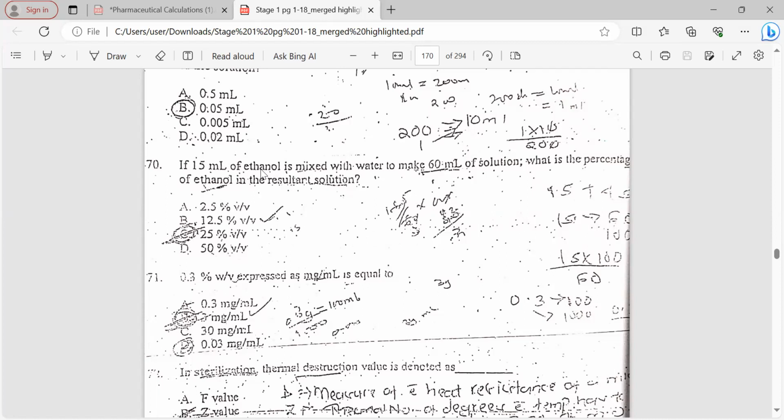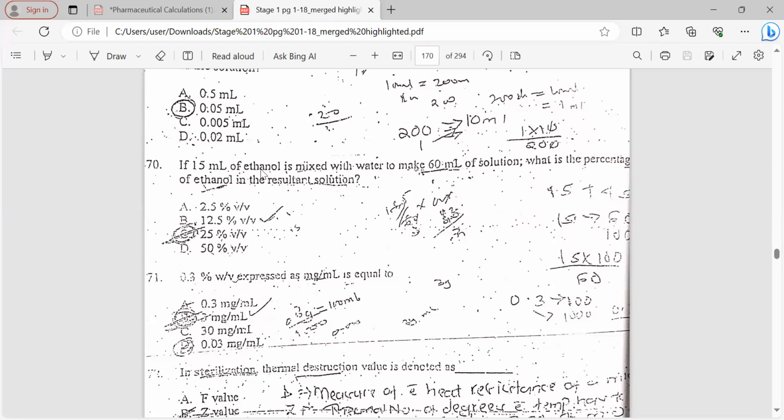Converting 0.3 grams gives 300 mg in 100 ml.